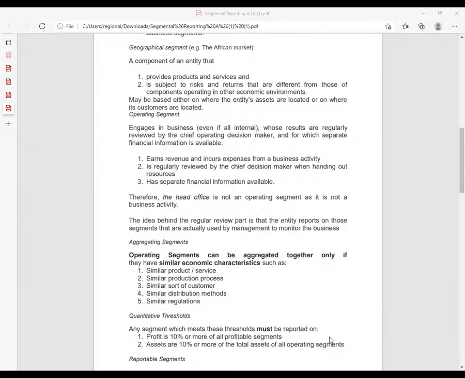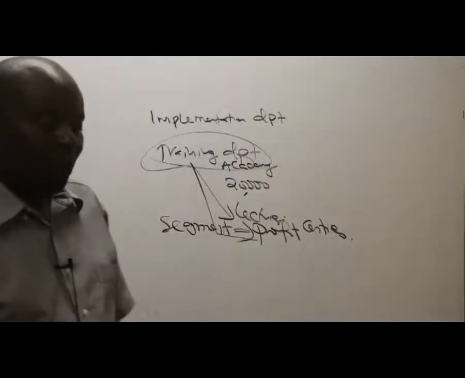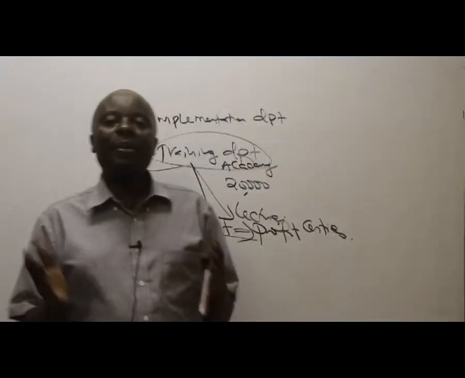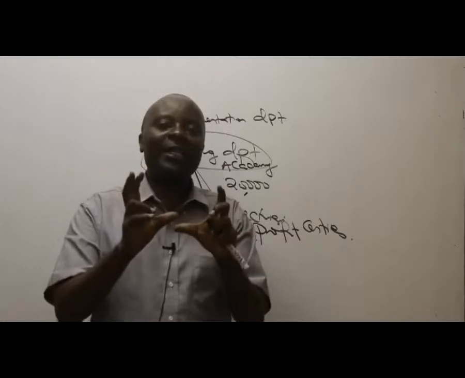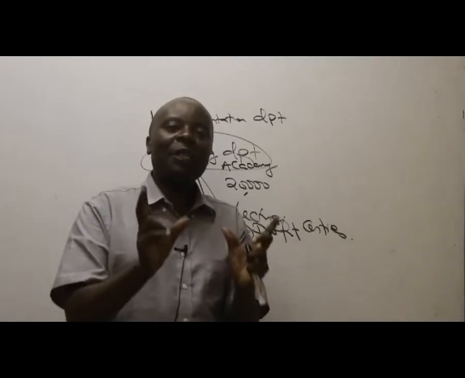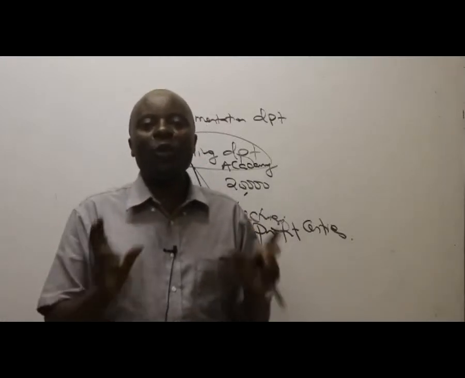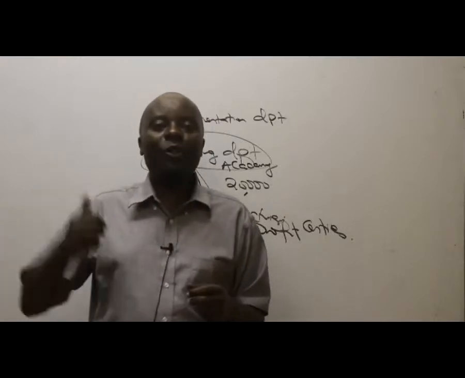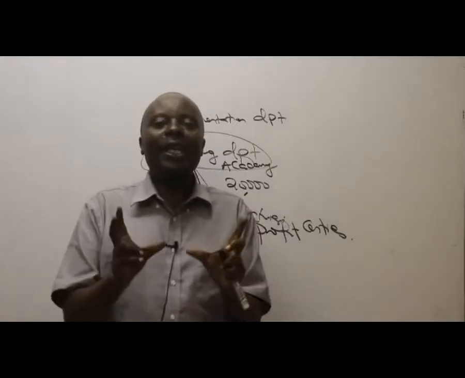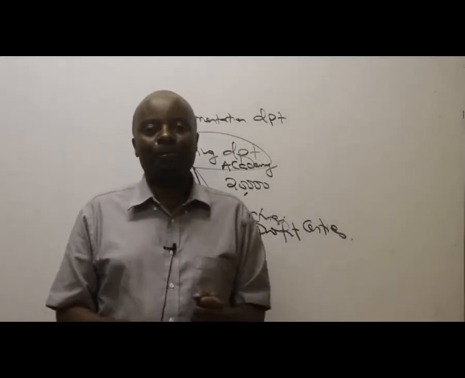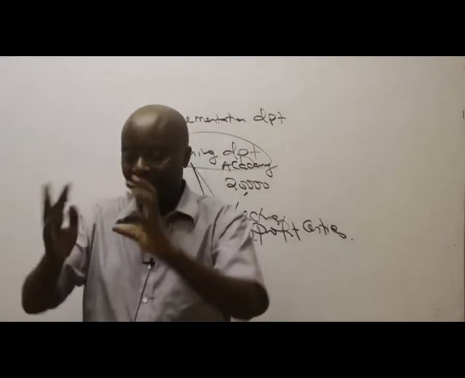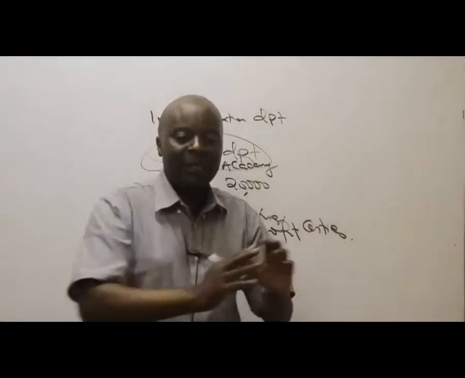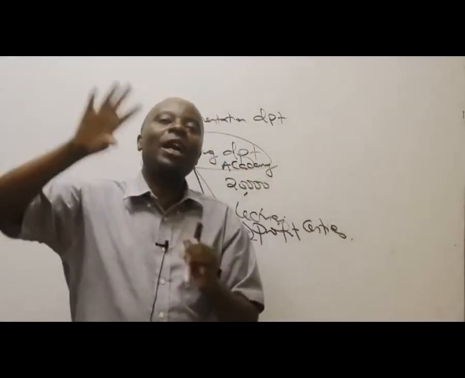When we go, for example, to EABL, we'll get EABL, ladies and gentlemen, having quite good segments. For example, they'll be doing geographical segments. We know, like right now, EABL is doing very serious business in Tanzania through the subsidiary called Serengeti Breweries, right? So we have the Tanzania segment, the Kenya segment, the Uganda segment, and then we have other segments.